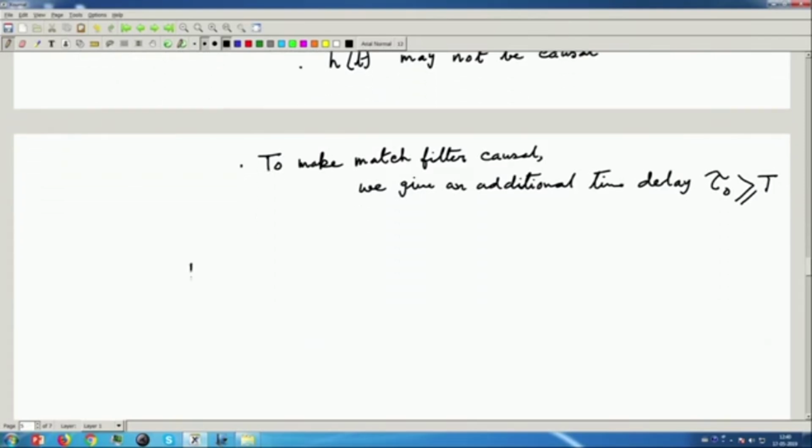So, we are modifying and writing a causal impulse response of a matched filter, or a realizable matched filter, because non-causal systems are not always realizable. So, I am writing that it is x star, x conjugate, then I am giving that delay, tau naught plus t naught minus t.